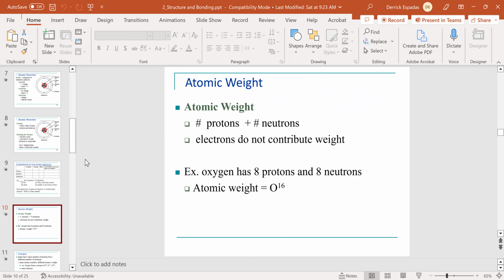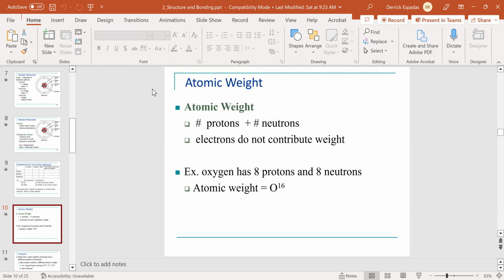So atomic weight is the number that comes from the protons and the neutrons, because remember, electrons really don't have that much weight. So we're adding up the protons and the neutrons to establish how much something weighs, and we call that atomic weight, even though it's so small.